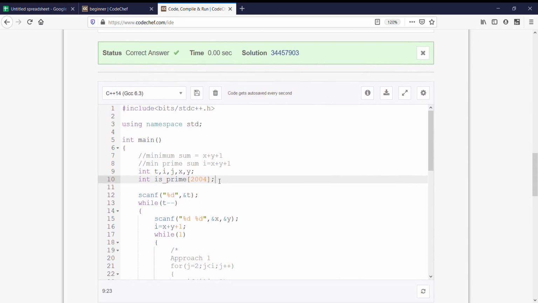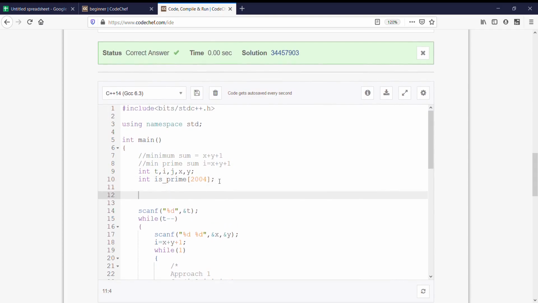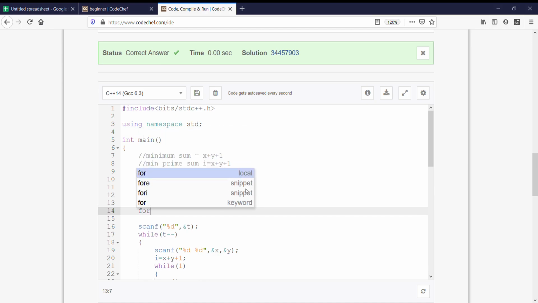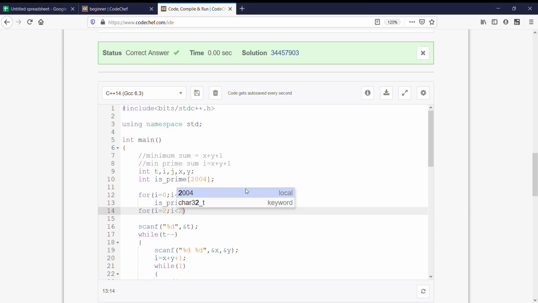So we have an array of size 2004, and for I equal to 0, I less than 2004, I plus plus, we mark all of them as prime. Here we have 1 as red color and 0 as white color. Now we start from I equal to 2, till I less than the last number, I plus plus.